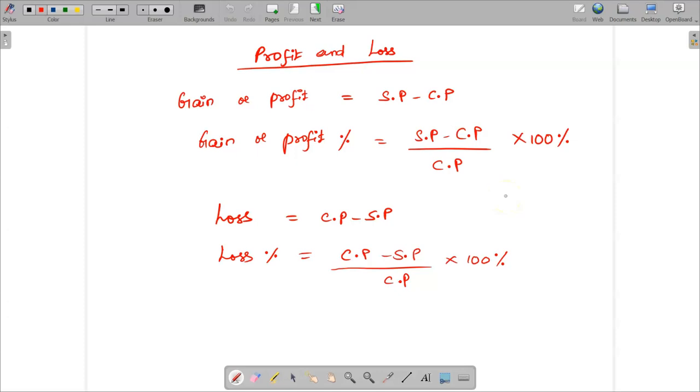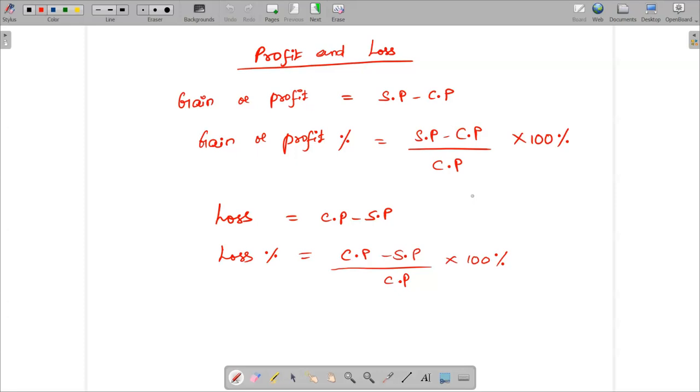Because cost price does not vary at all, only your selling price varies. So we will not use the varying value, the selling price, in the denominator. The fixed price at which we bought one particular item is your cost price, which is a fixed value that we have to use in the denominator.